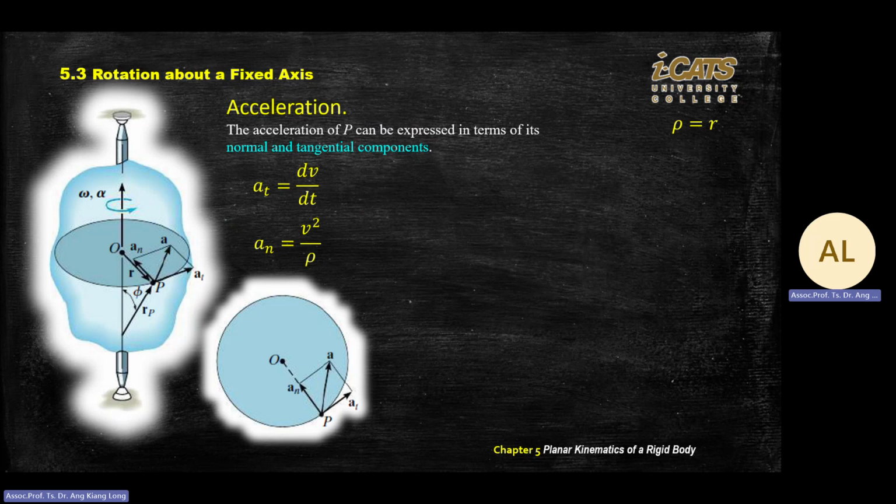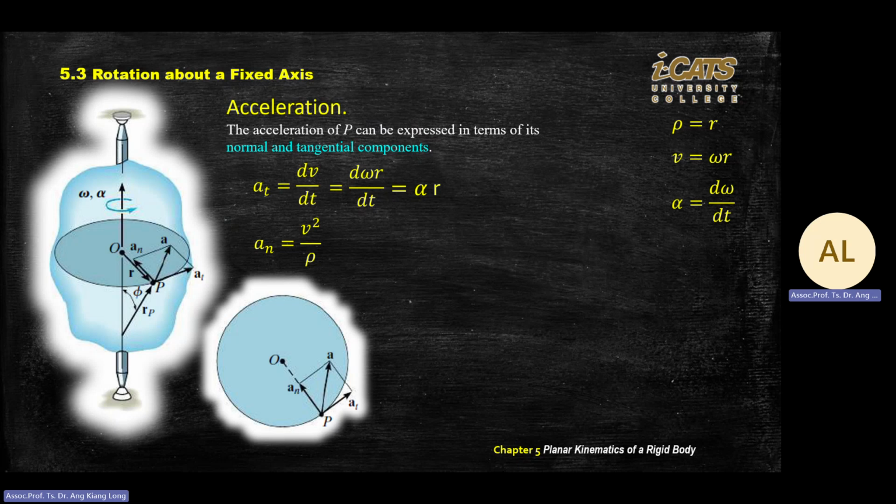So we start to recall what you learned. We replace v in terms of omega r, like what we learned previously. v equal to omega r, so we have at equal to dv dt equal to d omega r dt. And you know that d omega dt equal to alpha.